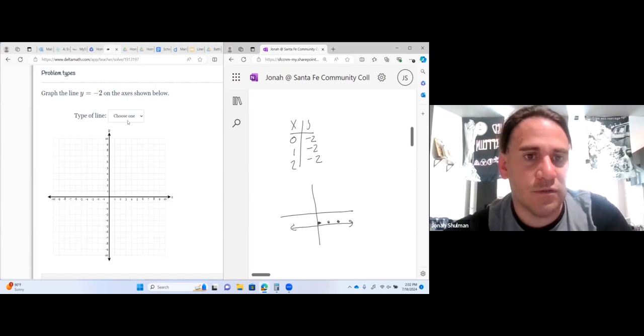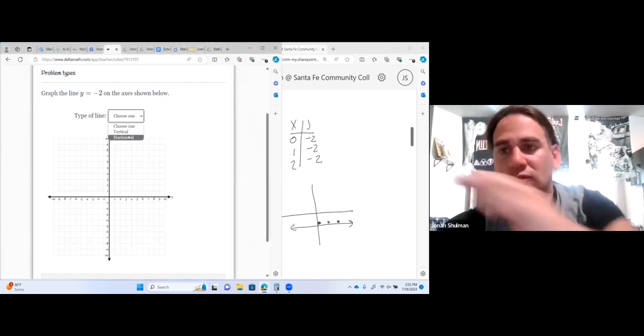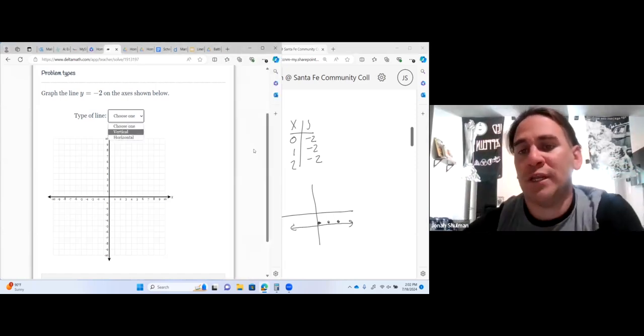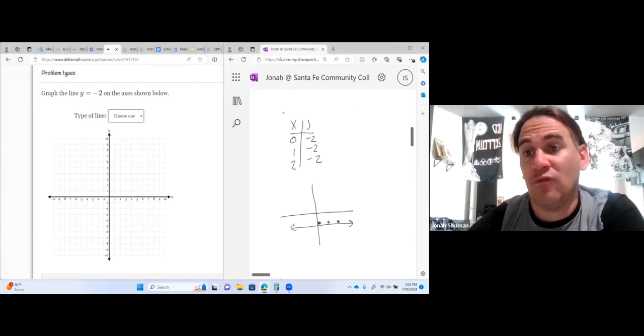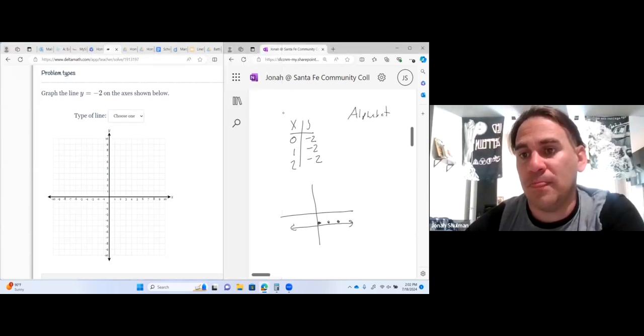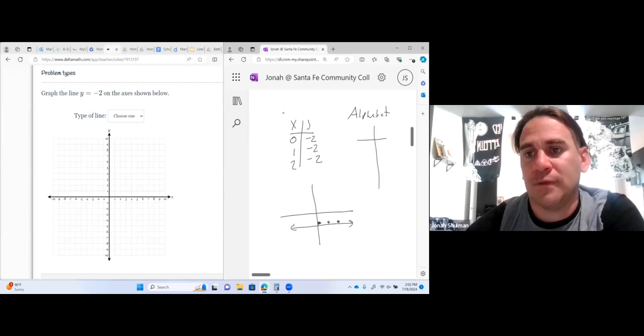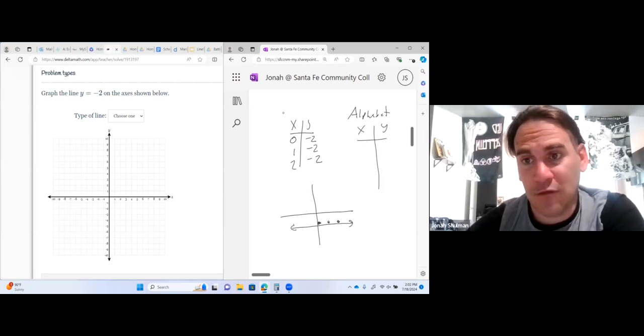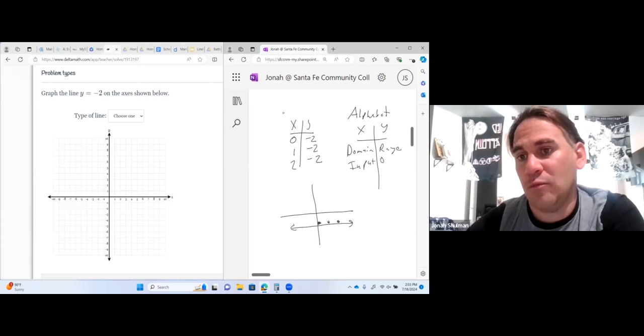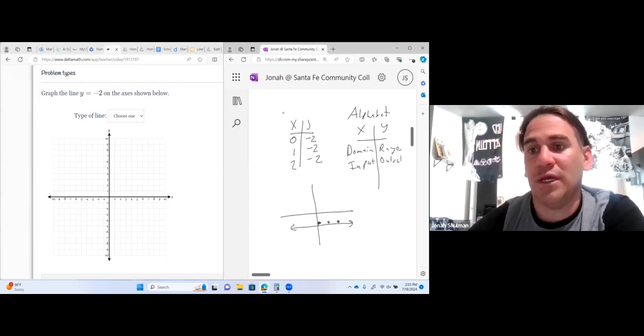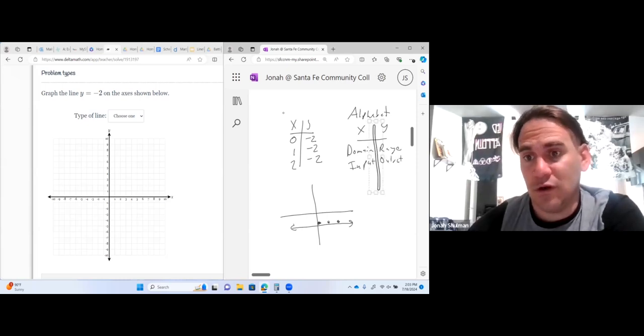So we want a horizontal line. And a good way to think about this, I always tell my students the alphabet will help a lot. So they know X before Y. What comes first, D or R in the alphabet? Domain, range. What comes first in the alphabet? I or O? Input, output. What comes first in the alphabet? H or V?